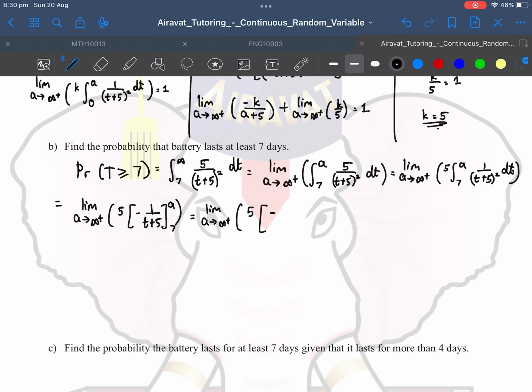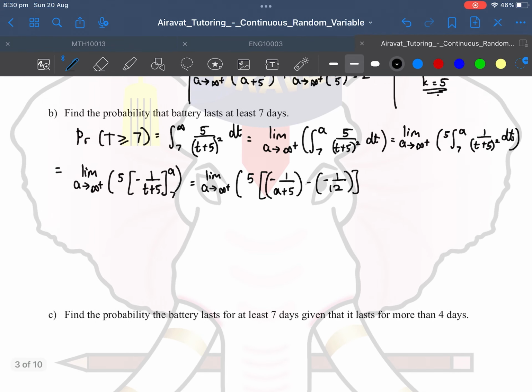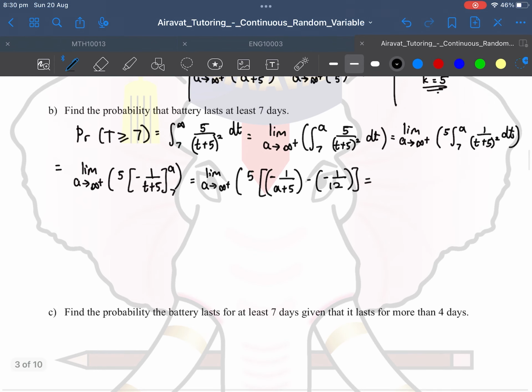Again, it's going to be from -1 on a plus 5, and this is going to be -1 on 12, and this entire thing is going to equal the limit as a approaches positive infinity of 5 minus 1 on a plus 5, plus 1 on 12.